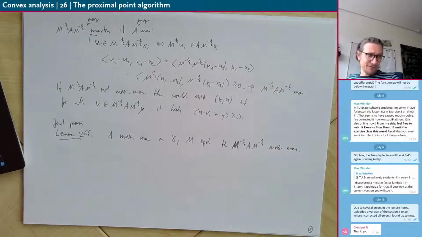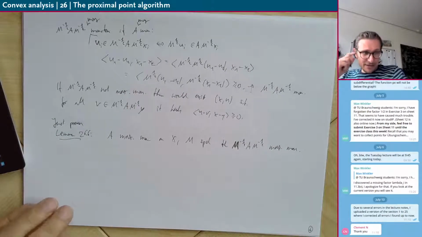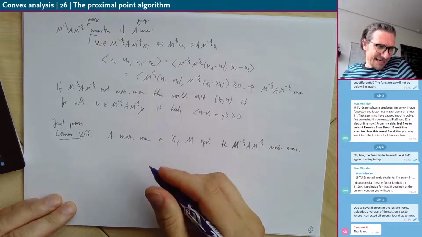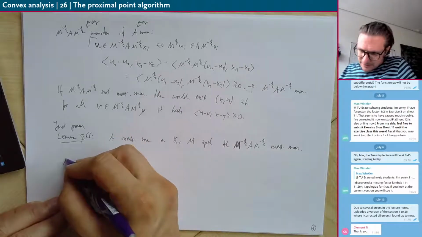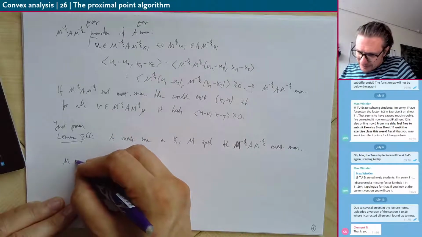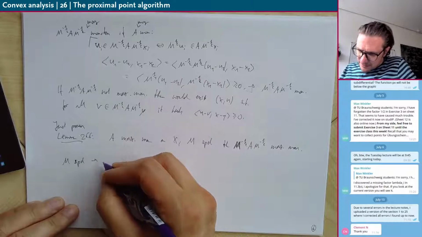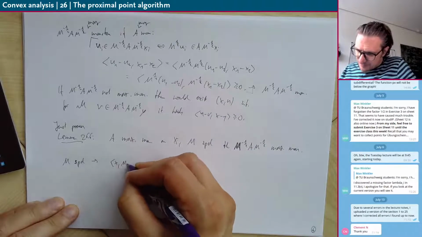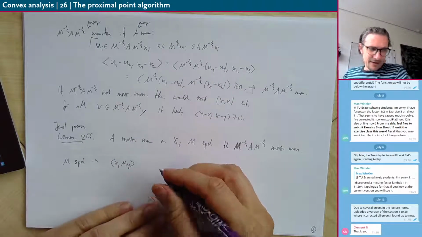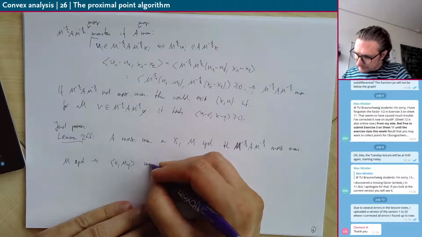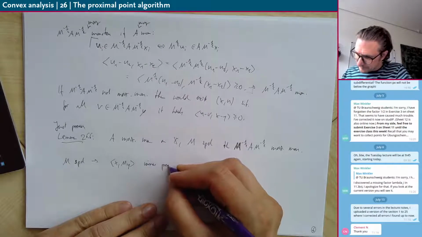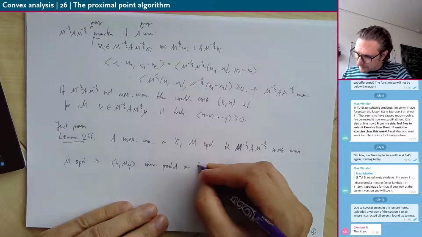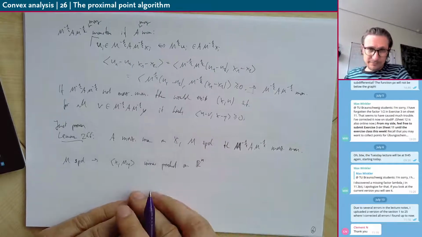Here's another way of seeing this that is actually really, really helpful. If M is SPD, then this expression here, x, M y, is an inner product on R^n.